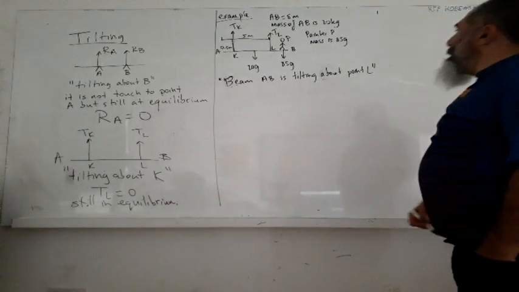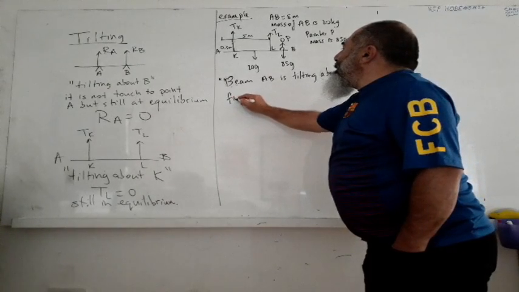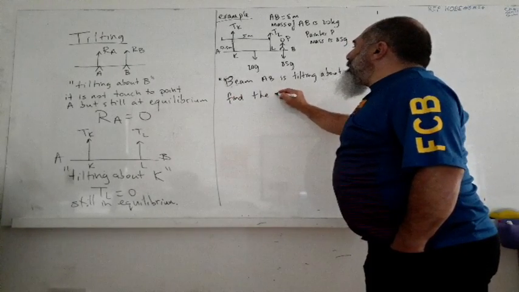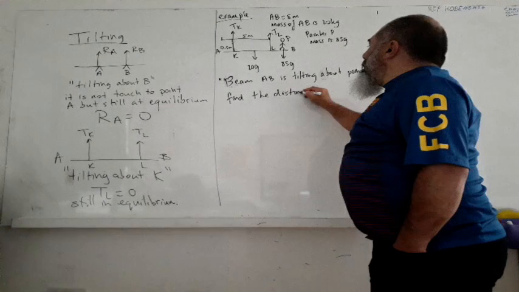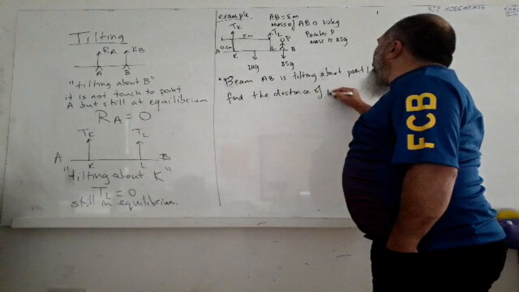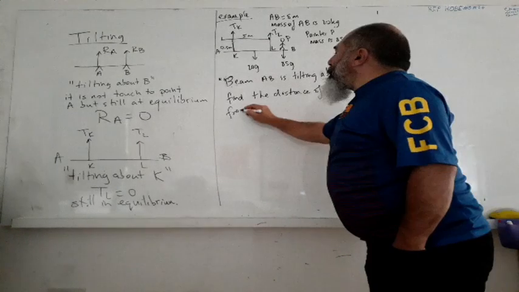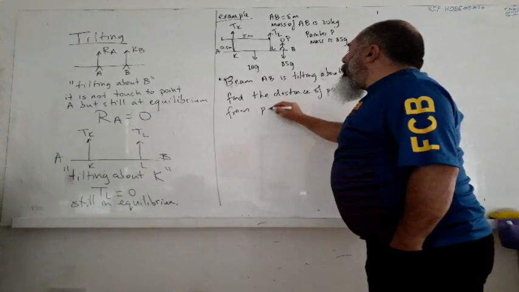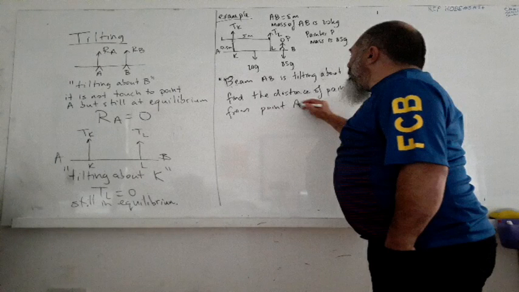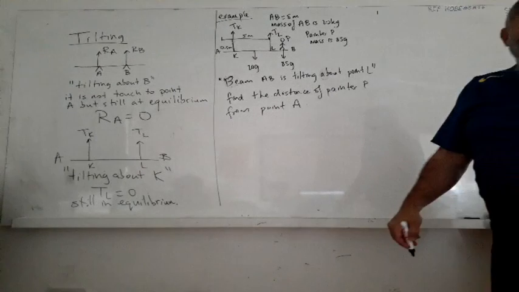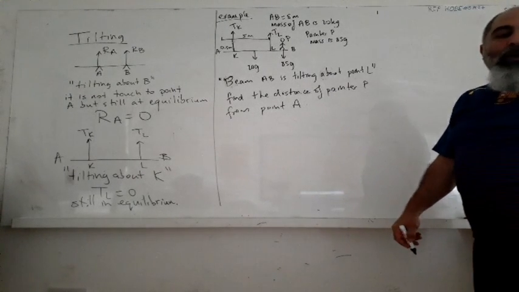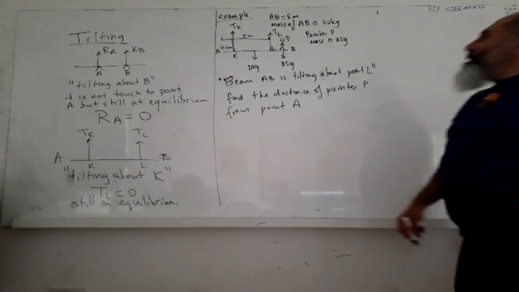Find the distance of painter P from point A. What is the distance of painter P from point A?